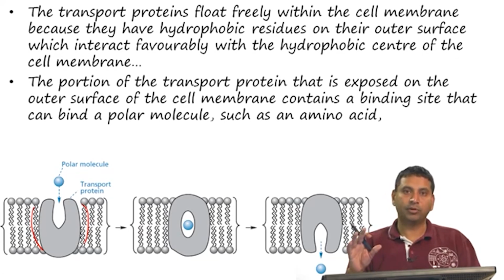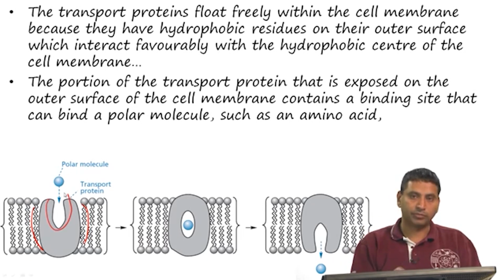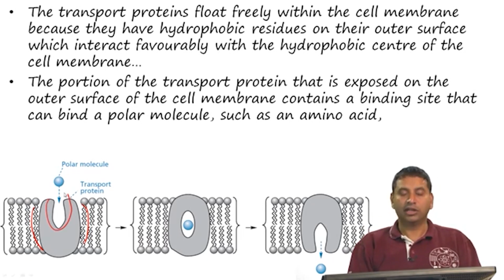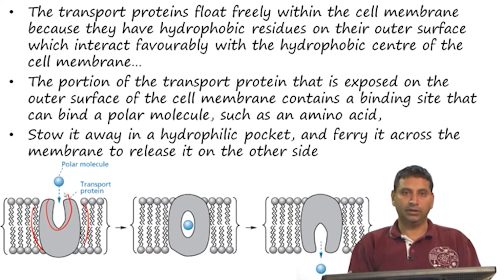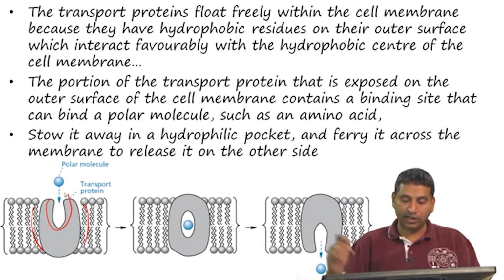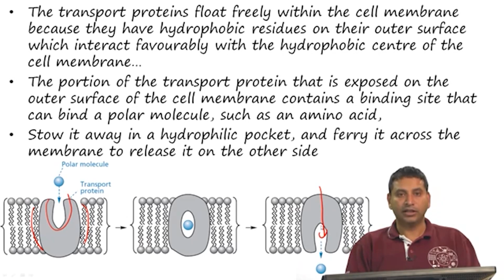The portion of the transport protein that is exposed to the surface contains a binding site that can bind the polar molecule. So, they stow it away in a hydrophilic pocket, ferry it across the membrane and release it on the other side. Therefore, transport proteins are very important for the normal functioning of a cell.